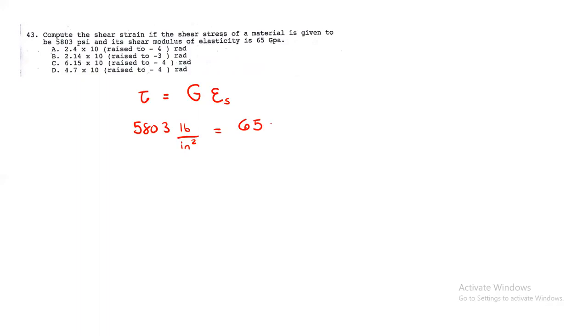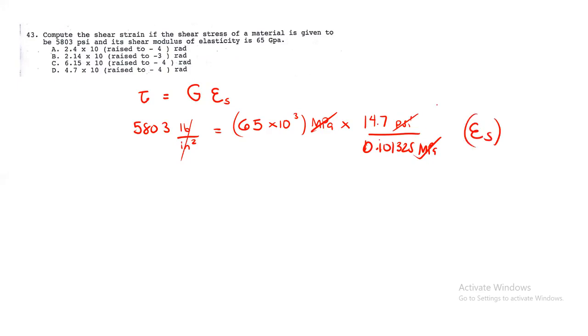65 GPa, times 10 raised to 3 to become megapascal. So, to become megapascal, let's convert to PSI: times 14.7 PSI per 0.101325 megapascal. The megapascal cancels the PSI there. Then, times the shear strain. So, what is the shear strain?